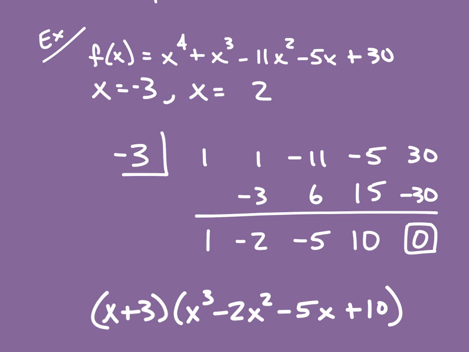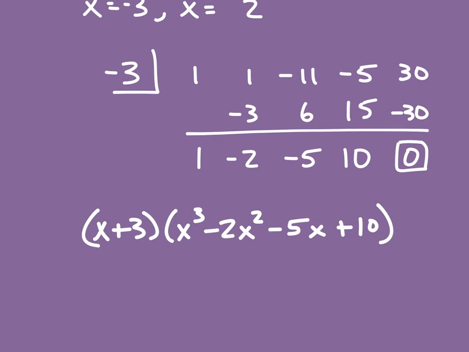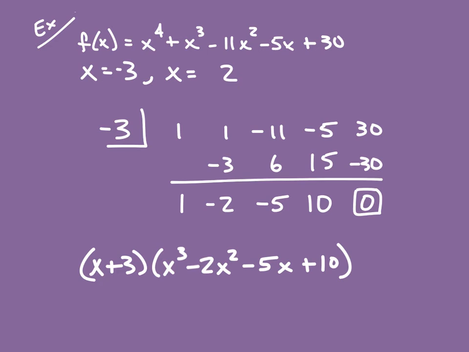From here, when I look at this specific example, we could continue. So basically what we've done is we have factored out an x plus 3 factor from this, using synthetic division. Again, to get the start on this, you have to graph it first, identify those values.